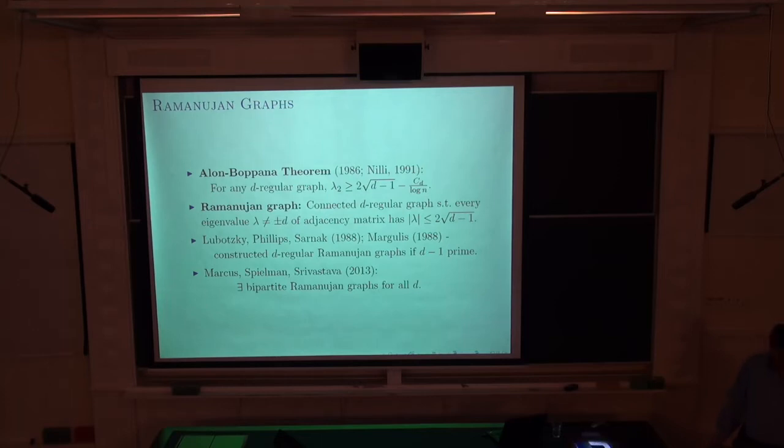It's interesting, this proof is not constructive and it's not exactly probabilistic. So it certainly doesn't give you an explicit construction, but it also doesn't give you a natural probability measure where most graphs are Ramanujan. So it doesn't give you a way to pick one at random.